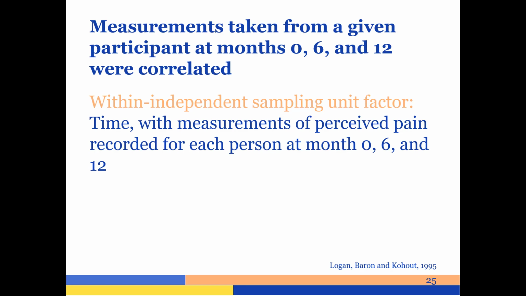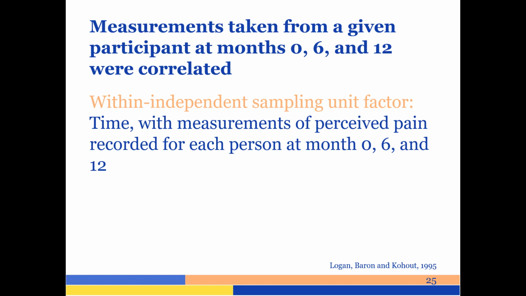This study includes both within and between independent sampling unit factors. The within factor at play is time, as each patient has their memory of pain measured right after the procedure, 6 months after the procedure, and 12 months after the procedure.